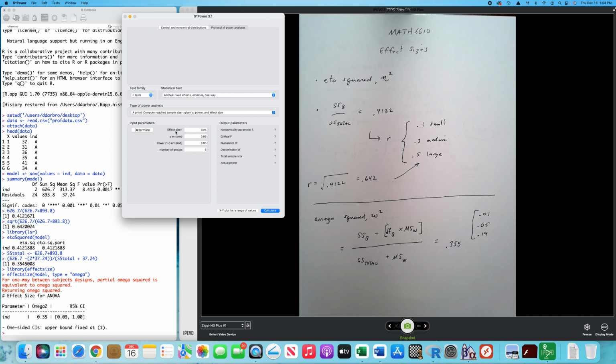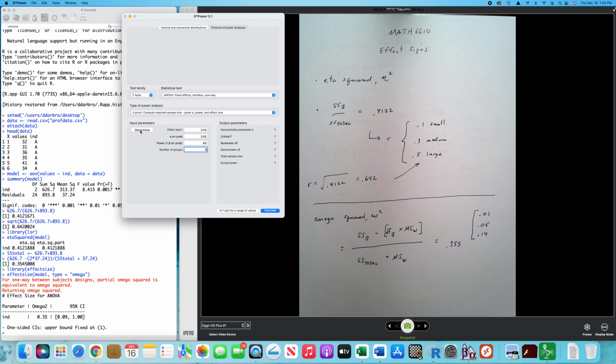Now we have our effect size, but notice the effect size is the effect size F, and we didn't calculate that. We calculated the omega squared and the eta squared. So more about that in just a second. But I know I want my type 1 error rate to be 0.05, I want the power to be 0.8, and we have 3 groups.